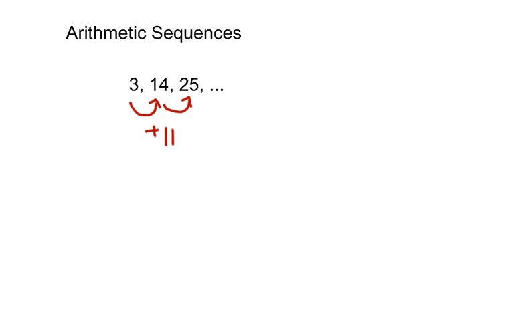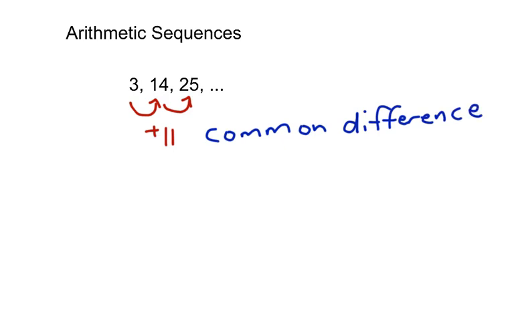When it increases by the same amount each time, this is called a common difference. And it is this common difference that makes this an arithmetic sequence, when they go up by the same amount each time.